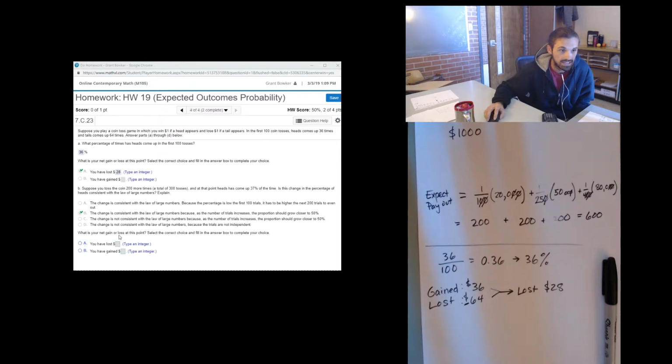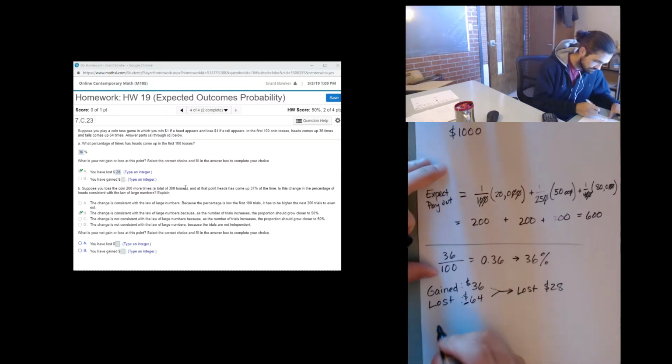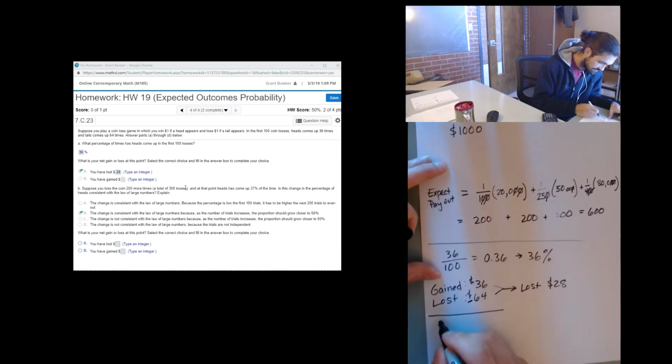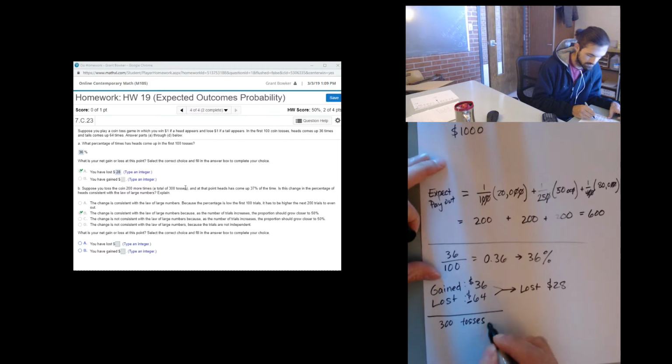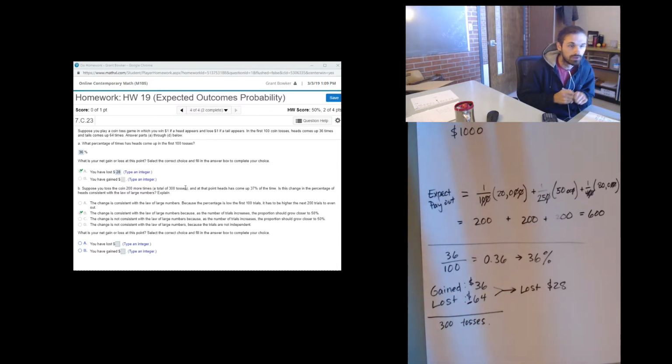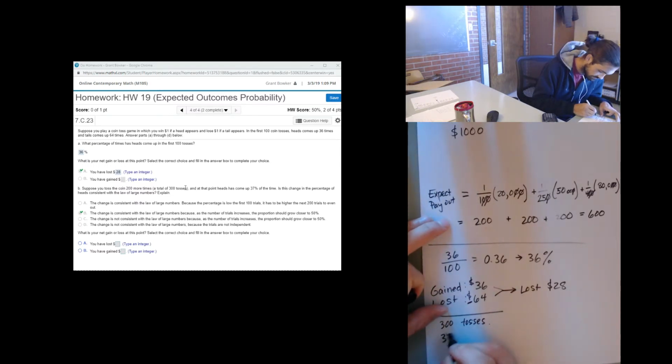What is your net gain or loss at this point? Select the correct choice below and fill in the blank. Well, 300 tosses. So 300 tosses. And we're told 37% heads.